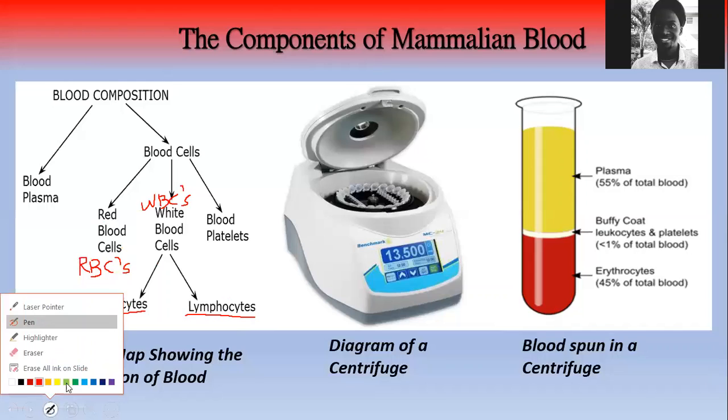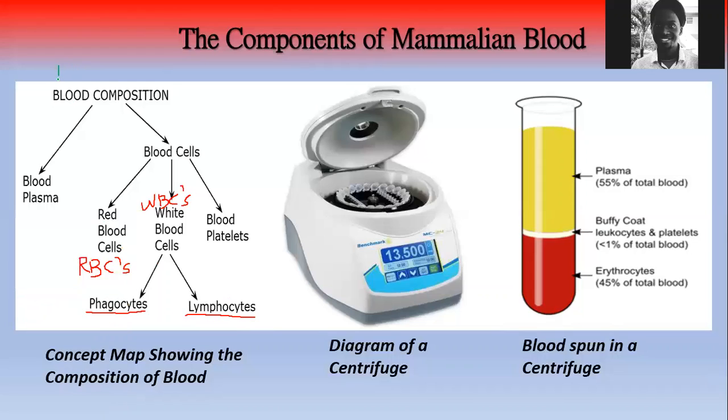Okay, let me get a different ink. Red blood cells, RBCs, they are also called erythrocytes. That's a more proper name for red blood cells. So in case you want to write it down, that's the spelling.